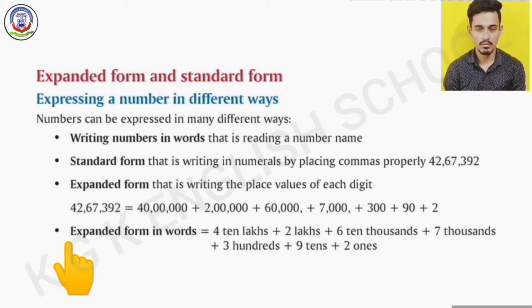In the same way, expanded form in words: 4 is in 10 lakhs, so we write 4 ten lakhs plus 2 lakhs plus 6 ten thousands plus 7 thousands plus 3 hundreds plus 9 tens plus 2 ones. So let us see an example of standard form to expanded form.